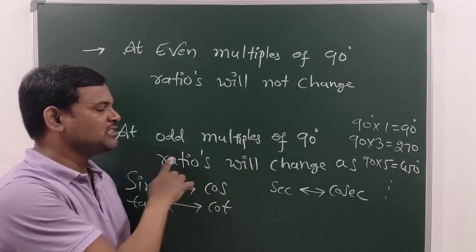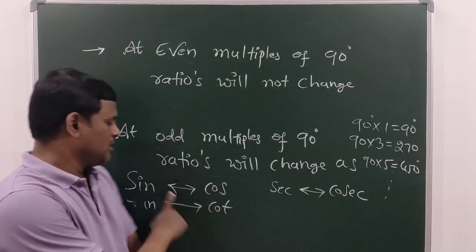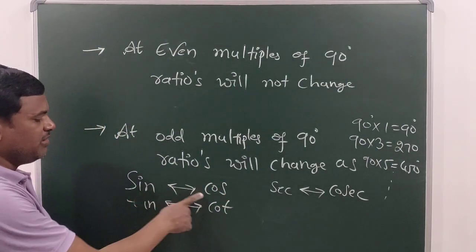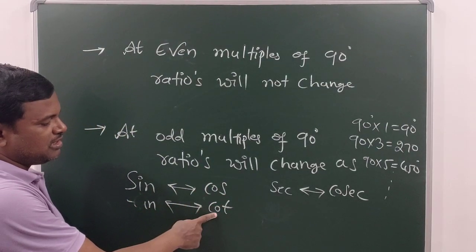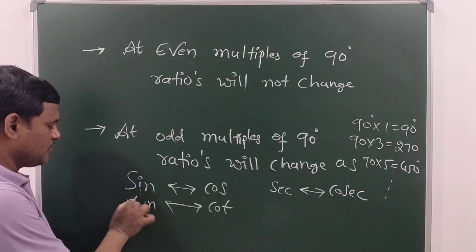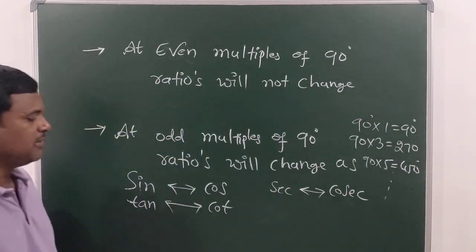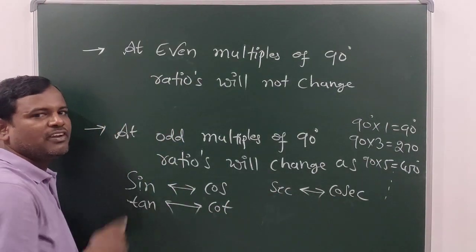So at those angles, ratios will transform like this. Sine will come as cos, tan will come as cot, and cos will come as sine, cot will come as tan. Okay, secant will transform as cosec, cosec will transform as secant. These 2 points are very, very important.